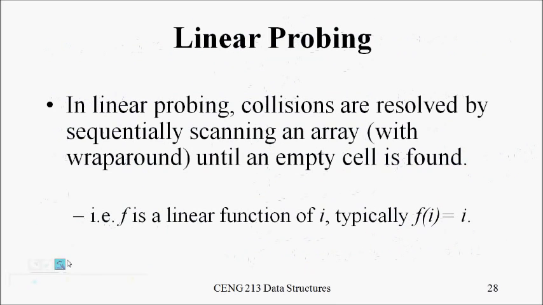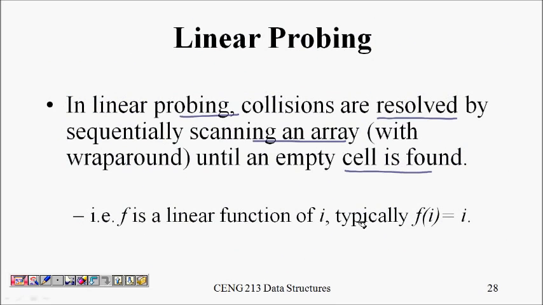So f is a linear function, and typically we take f(i) equal to i. When h of 20 collided the first time, f(1) became 1, I did plus 1, so it moved to the next place.